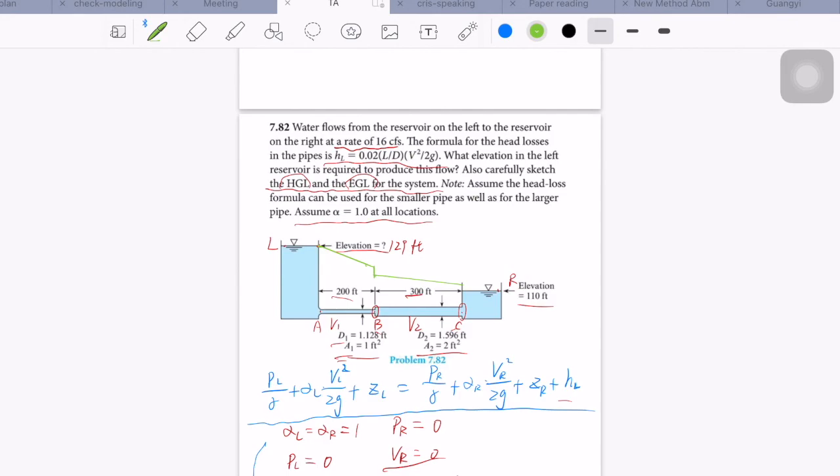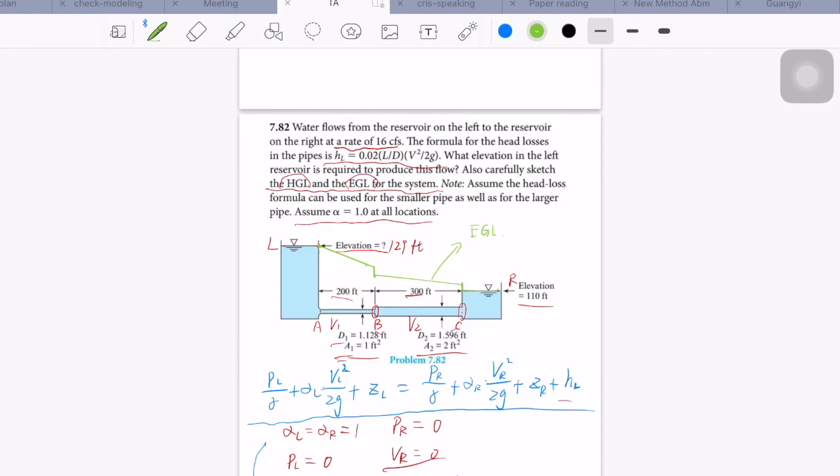And at C there also is an abrupt expansion, so the EGL will drop to the water surface. So the green solid line is the EGL.